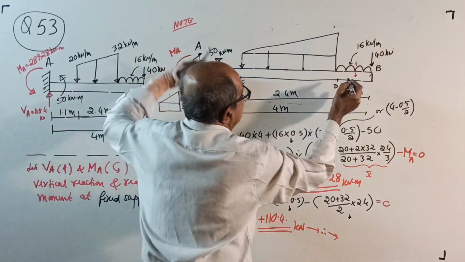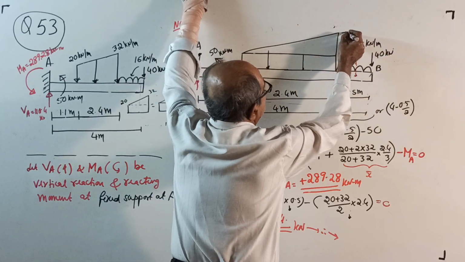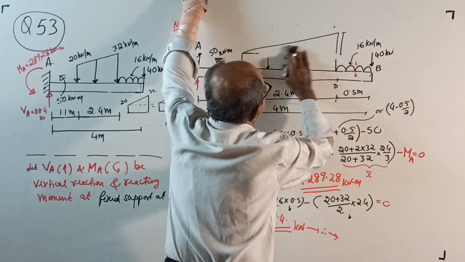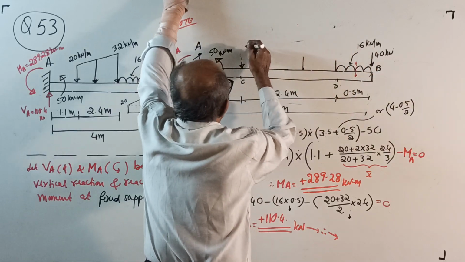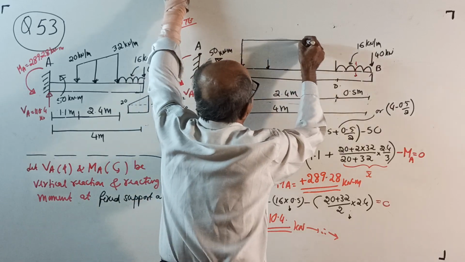Out of scale, the rectangle ordinate is from here to here, 12, out of scale. Now I think I should make it a little bigger because otherwise it looks very odd. See, 20 is here.